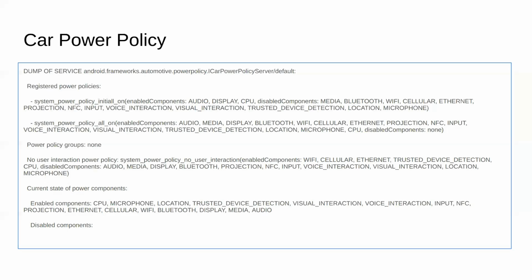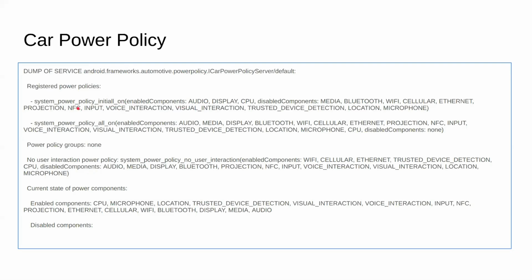And the first thing that we try to do is, from the bug report, we look at the car service or the car power service dumps, which give an indication of the power policy that is active now, and what are the components that are enabled in the power policy at that point of time.